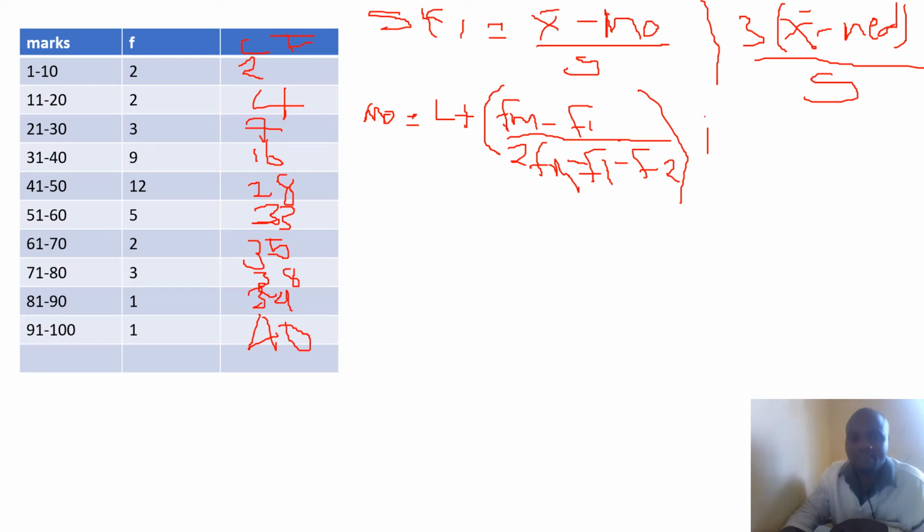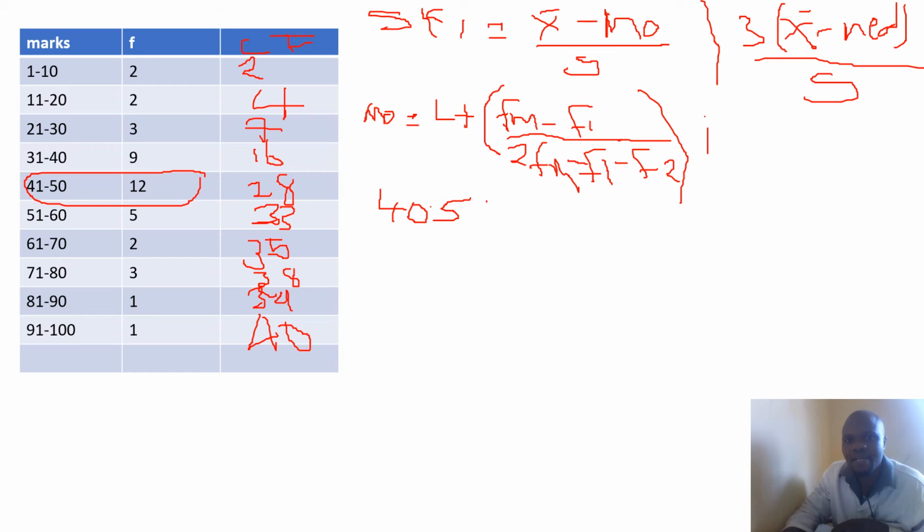So in this perspective, with regard to what we have here, this is our modal class. The lower class limit in this is 40.5.